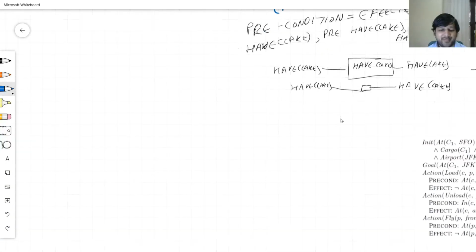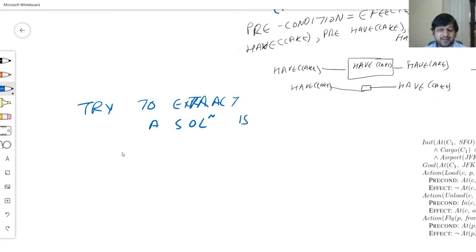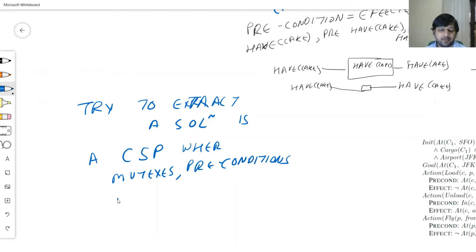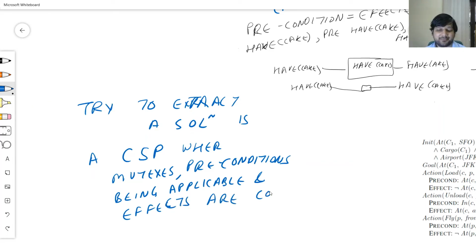So I say trying to extract a solution is a constraint satisfaction problem where mutexes, preconditions being applicable, and effects are constraints.